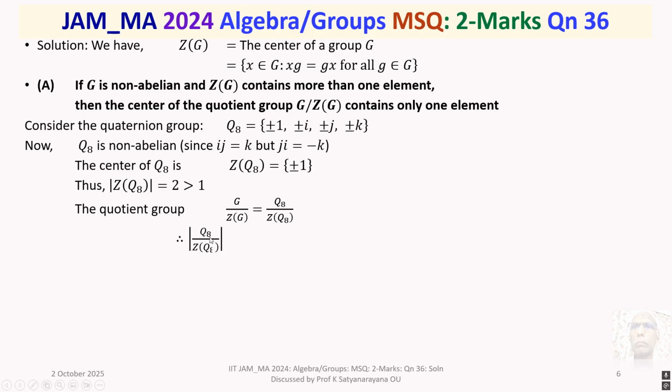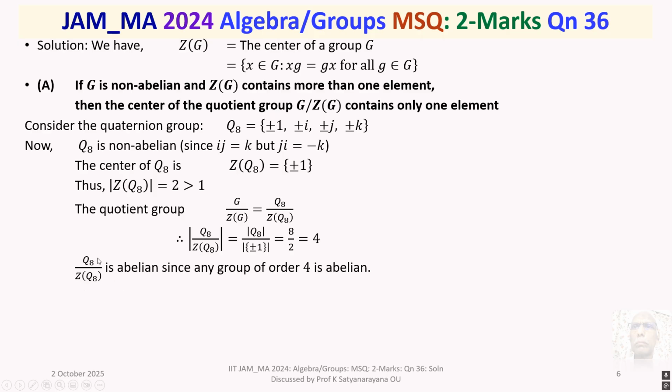The order of Q8 by the center of Q8 is the order of Q8 divided by the order of the center, that is 8 by 2, that is 4. So this says it contains only one element, whereas it contains 4 elements. The quotient group Q8 by the center of Q8 is abelian, right?